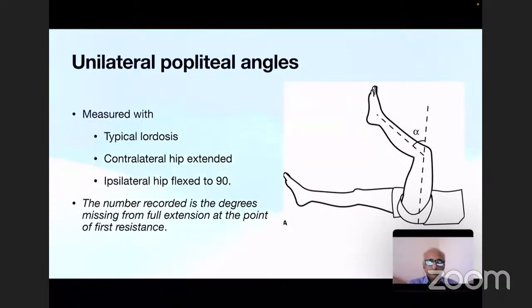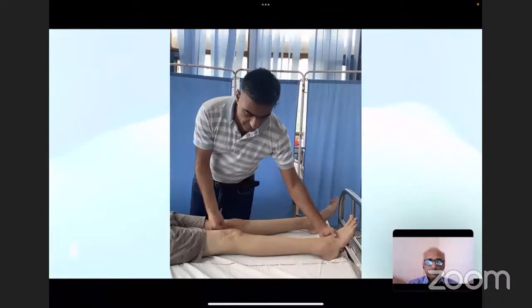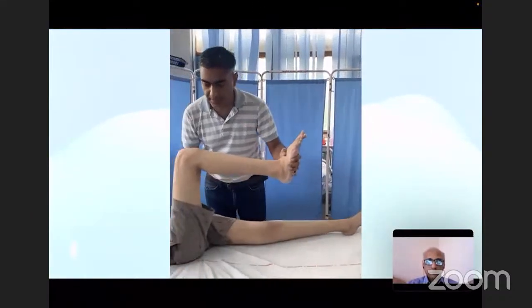with the typical lordosis, contralateral hip extended and ipsilateral hip flexed to 90 degrees. The number recorded is in degrees, and is the deficit from full extension at the point of first resistance. So in this video, I am demonstrating how we measure the conventional popliteal angle.